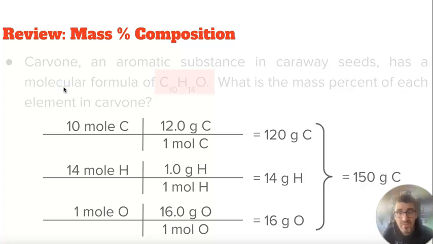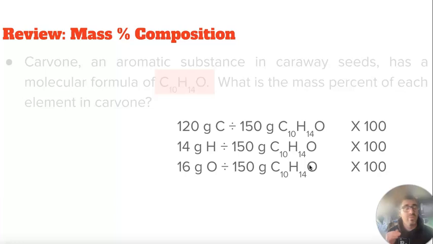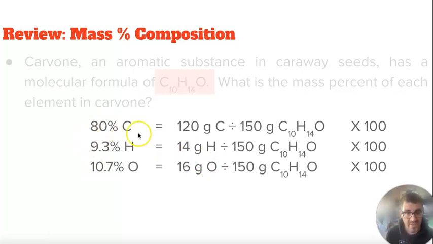If we combine them, we have a total of 150 grams of, not carbon, but of carvone. Okay. So now that we know the total mass and the individual masses of the elements, all we have to do is divide each individual mass by the total mass multiplied by 100, and we get the following percents. Okay, 80, 9.3, and 10.7 respectively.